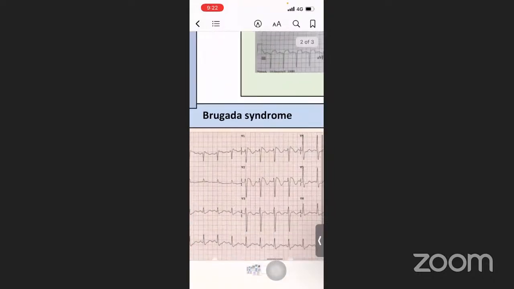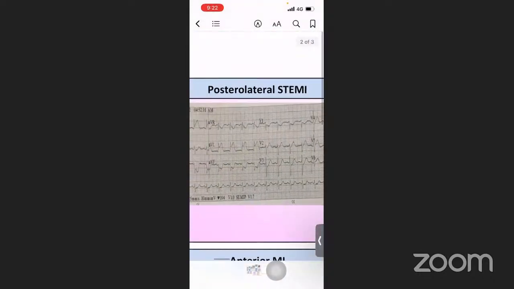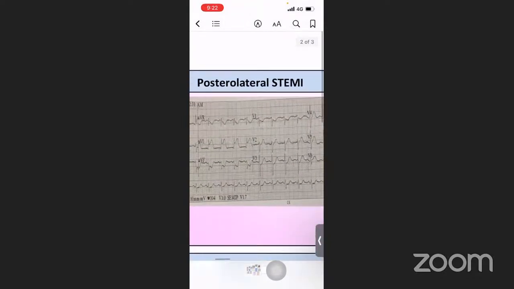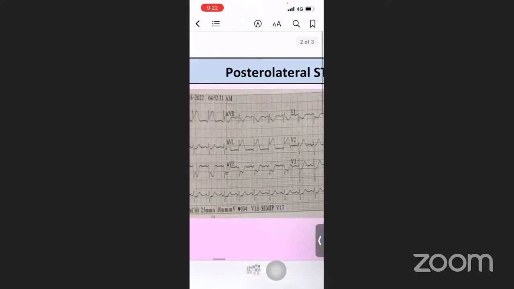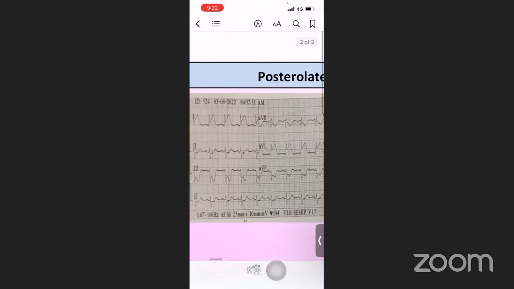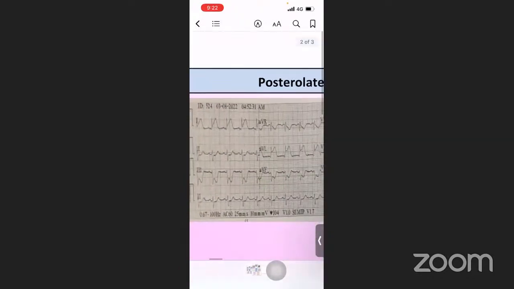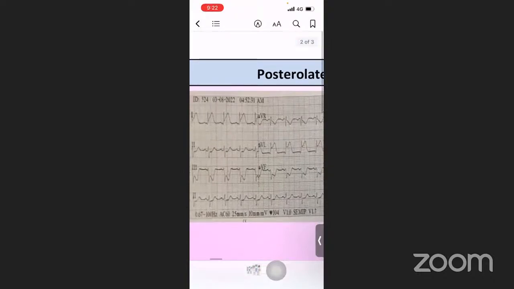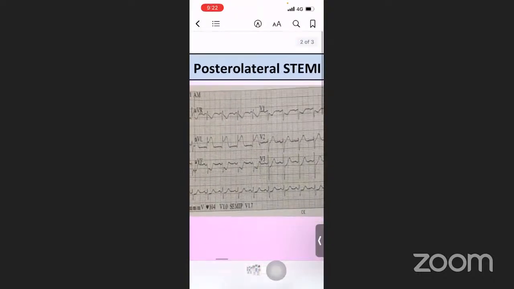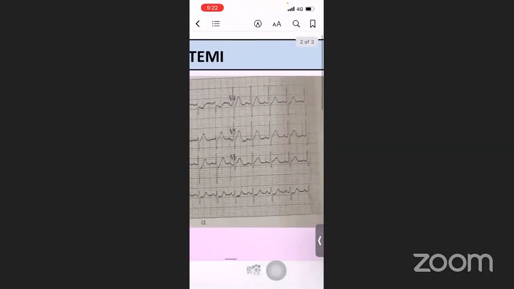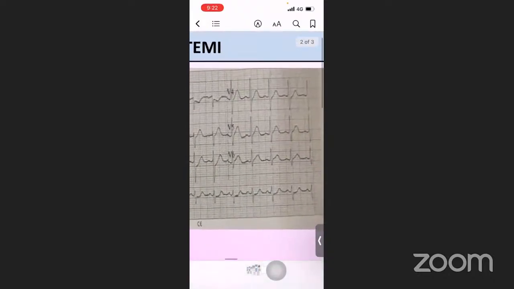And posterolateral. Okay? You have your AVL, lead 1, very marked ST elevation in lead 1 and AVL. So this one is the anterolateral. V5, V6 also, not very marked.